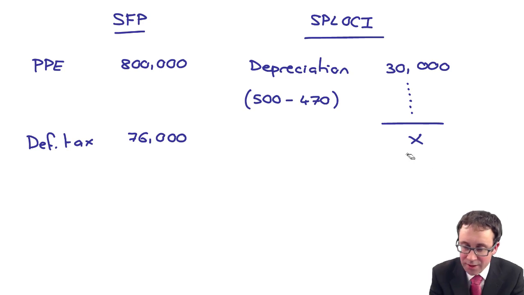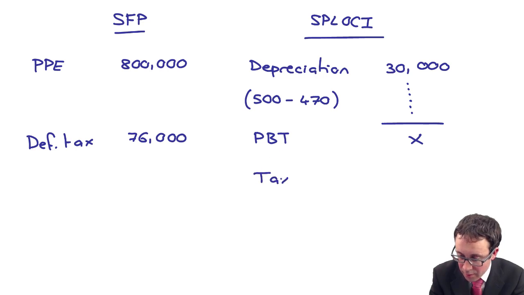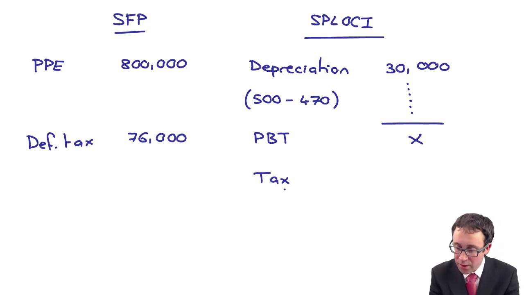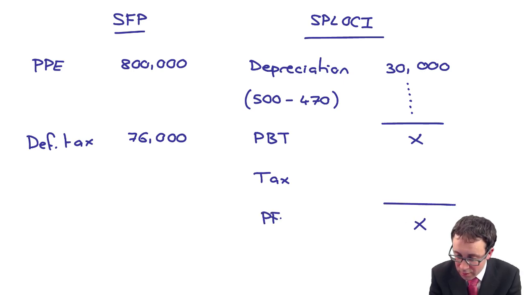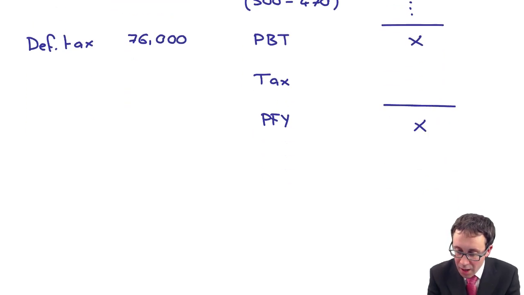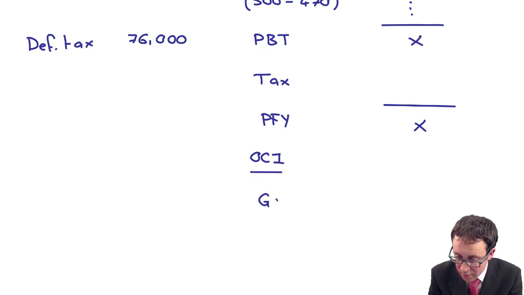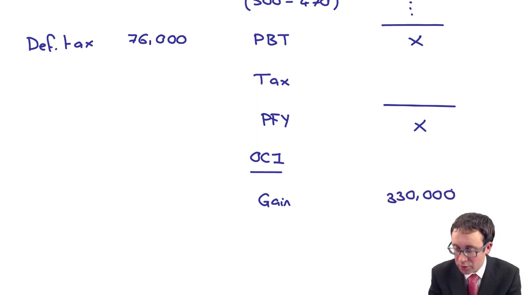What would then happen is in the statement of profit or loss, you would then come down to, is it your PBT? And then you would have your tax, wouldn't we? Before you then had, is it your profit for the year? And then what you've got there is your OCI. And then in OCI, you have a gain on revaluation, which was there at $330,000.